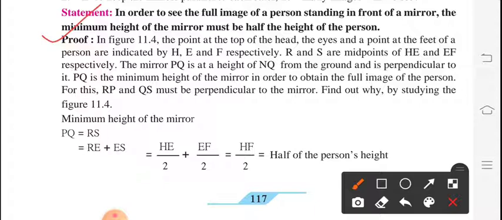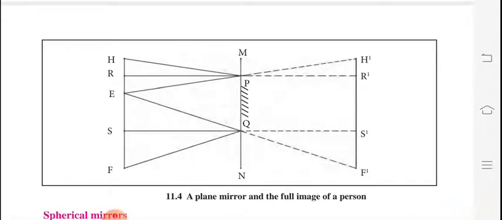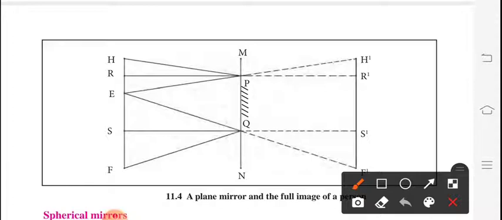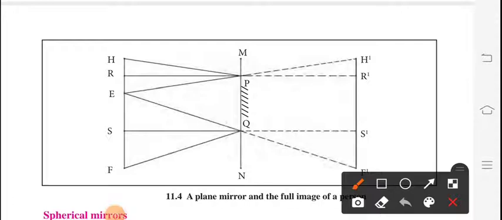Okay, so here we will consider one diagram for the same. This is the diagram. Here the height of the person is HF, and in front of that we are taking one mirror, and that mirror is PQ. And this one is the distance from the ground.